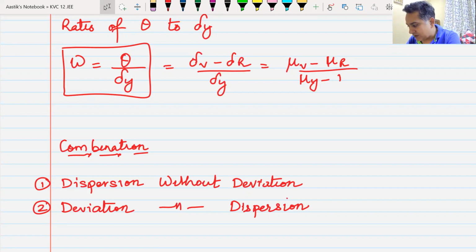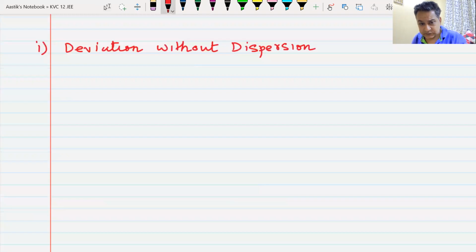So the first thing that we are going to do is deviation without dispersion. So write the heading, deviation without dispersion. Don't get confused, because these two terms may confuse you at times.